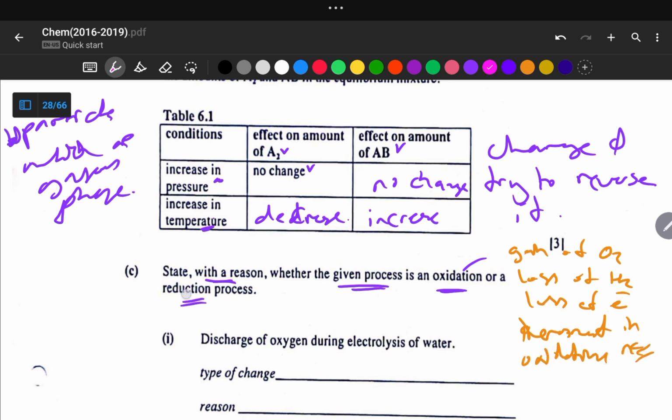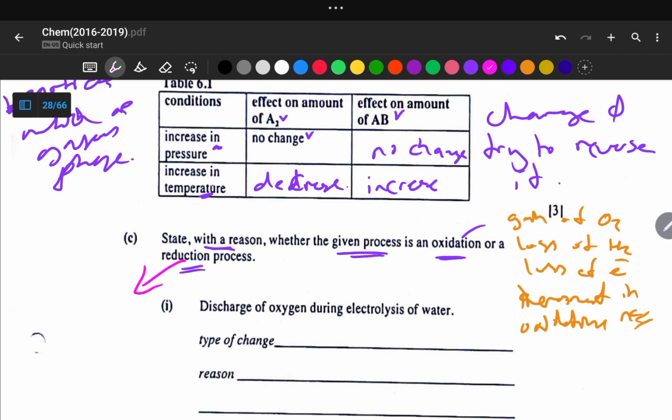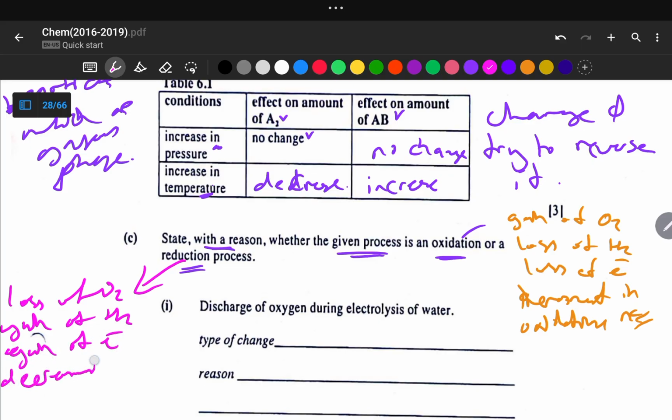And reduction is defined as the loss of oxygen, the gain of hydrogen, the gain of electrons, and a decrement in the oxidation state or oxidation number, right? So this is the definition for reduction.